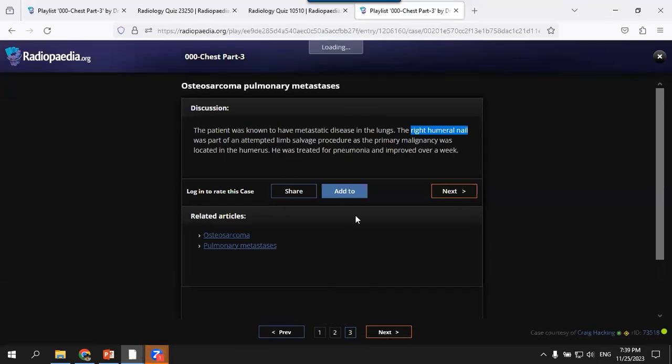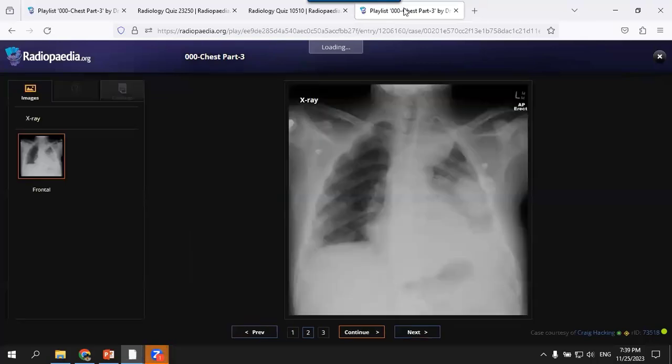Don't forget, in this type of exam, the tricky cases, the film edge. You have to look at the edge of the film, whether there are surgical clips in renal cell carcinoma, or here in osteosarcoma.